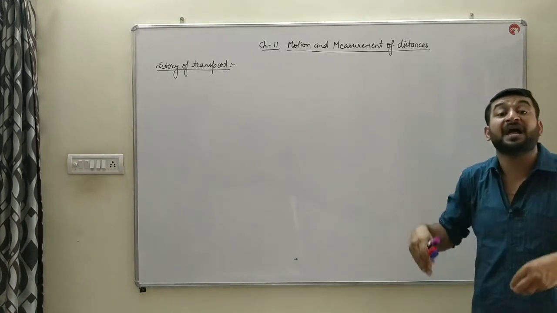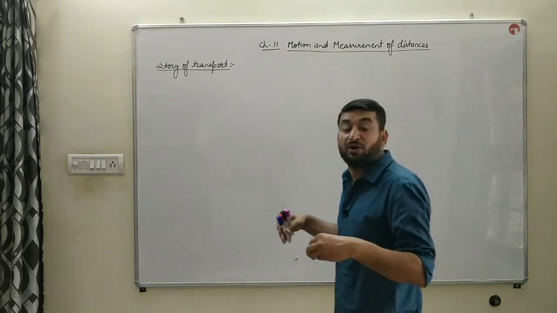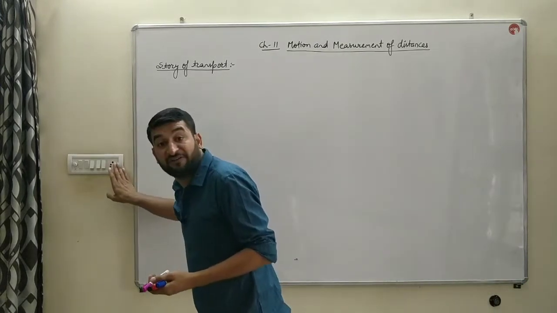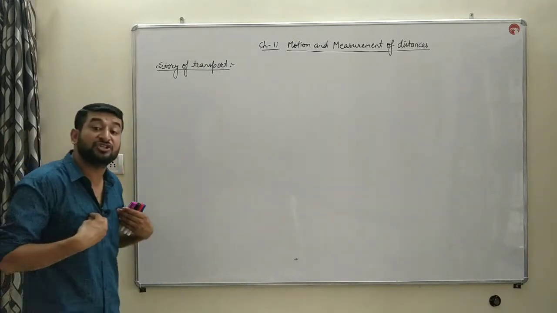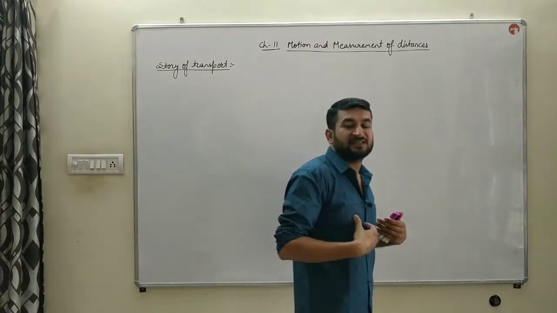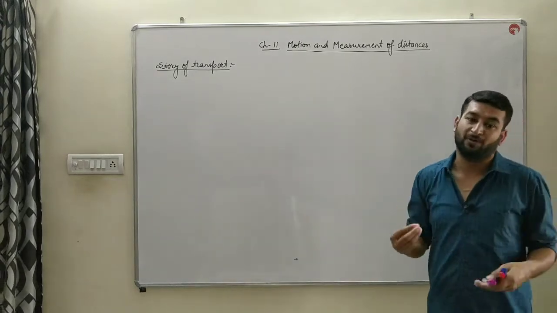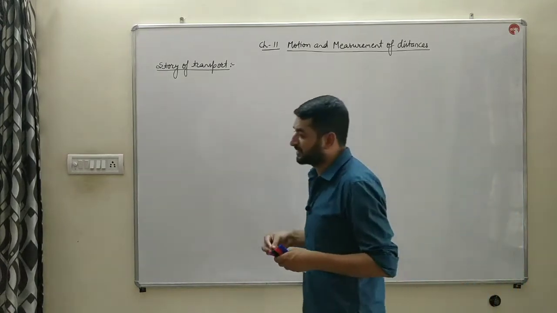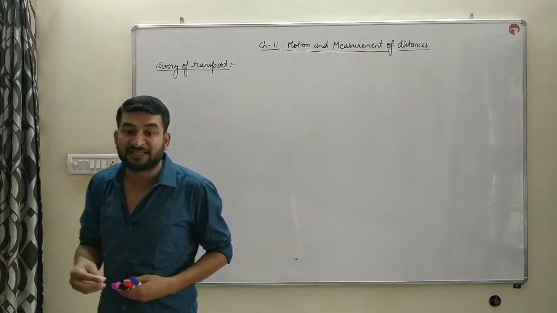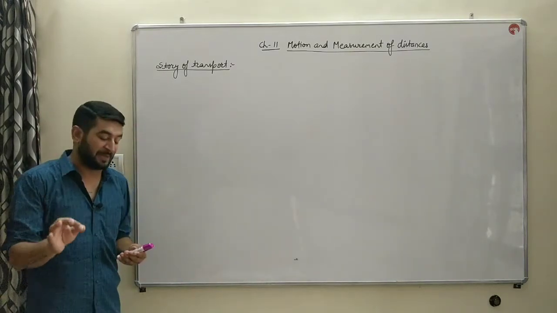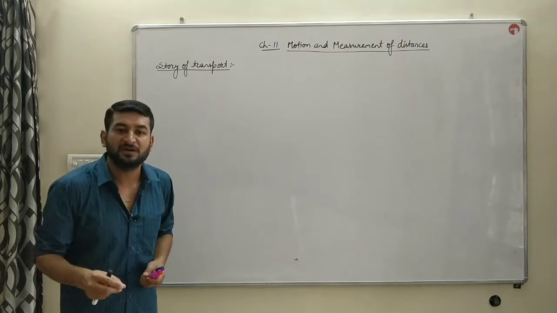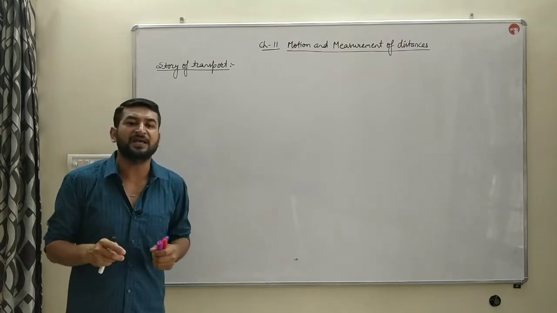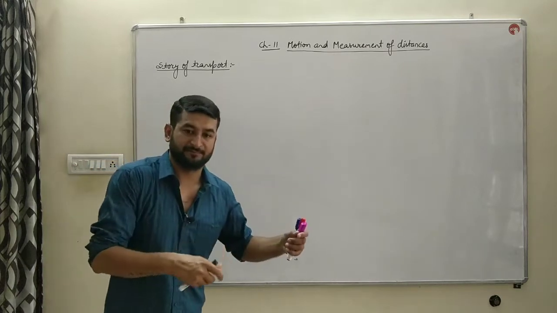That means now I am in motion, because with respect to this reference point, I am changing my place, I am changing my distance. That is what motion is all about. When any object changes its place, its distance with respect to a reference point, then that object is said to be in motion. तब हम उसे क्या बोलते हैं? वो object motion में है.